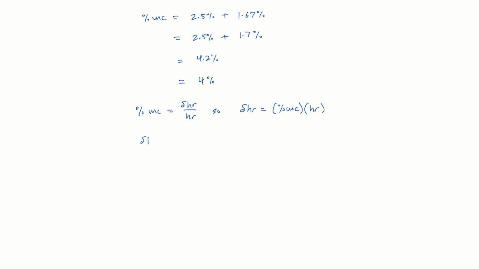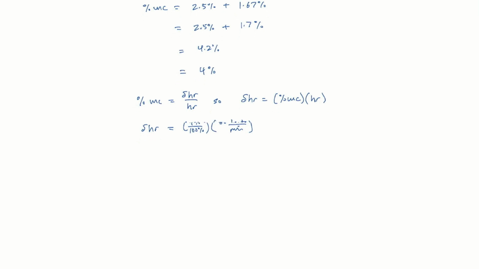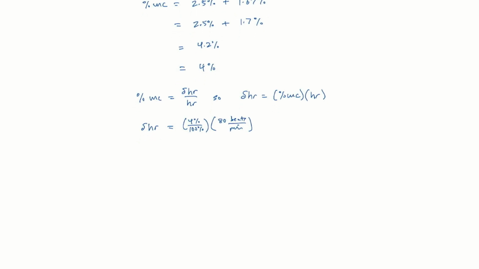And so the uncertainty in the heart rate is going to be the 4% divided by 100% to put it in decimal form, and then times the 80 beats per minute. Okay, so this gives us an uncertainty in the heart rate of 3.2 beats per minute.